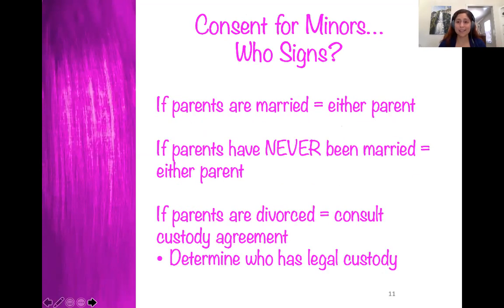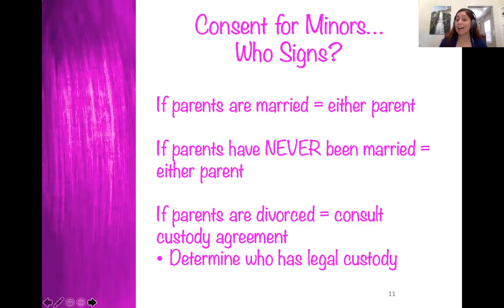All right, so where things, as I mentioned, get complicated is who signs. In the case of a parent or guardian bringing the minor in, or a minor who's under 12, who signs the consent for treatment? And it depends on the relationship status of the parents. If the parents are married, either parent can sign, meaning that both don't have to. If the parents have never been married, again, either parent can sign, both don't have to.